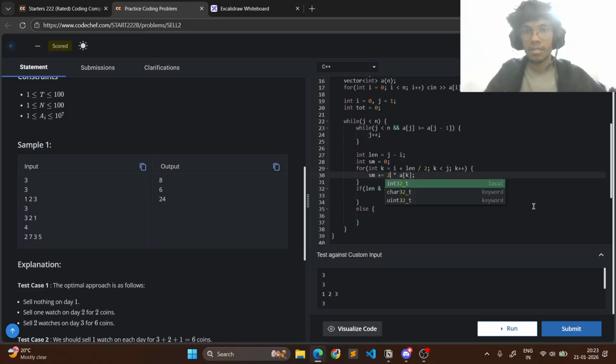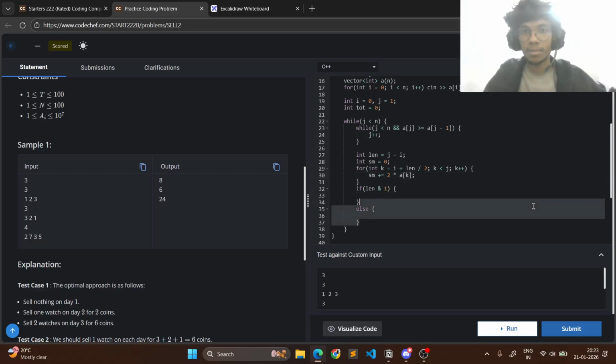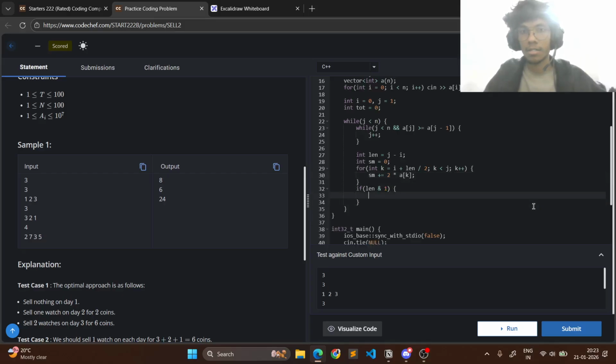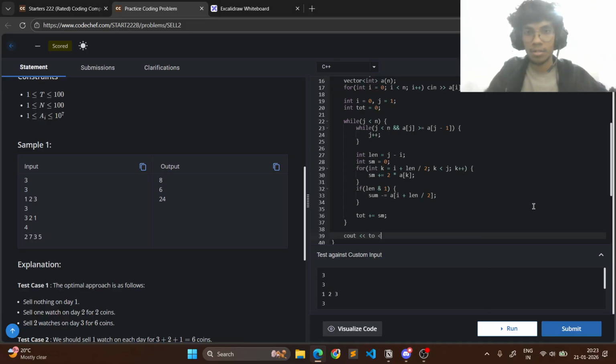Okay, all right. So if this is odd, then I could subtract a of i plus len by 2, and tot plus equals sm, and cout tot endl.